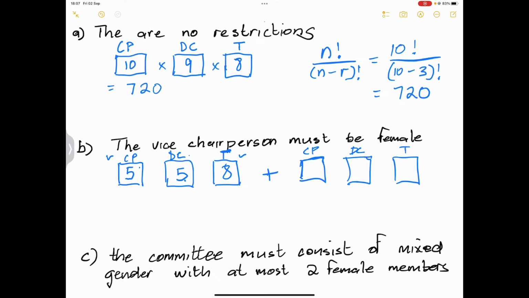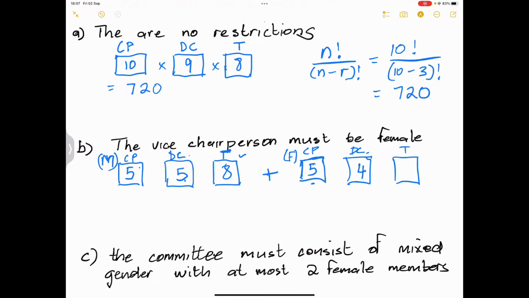So that would mean that in this case, how many do we have? We've got 5 females that we can choose from. But now, if we've already selected a female, remember, this was the probability of a male in this case. This is now the probability of it being a female. So we've got 5 we can choose from. How many do we have to choose from for the next?